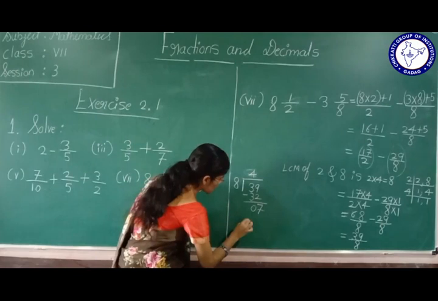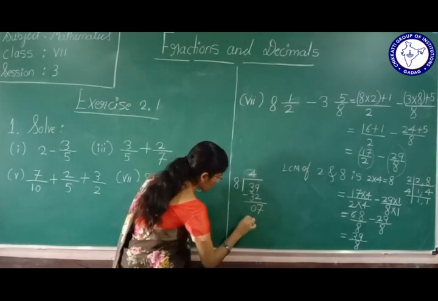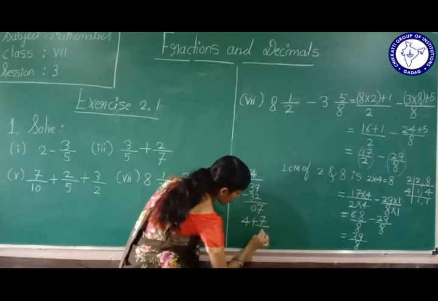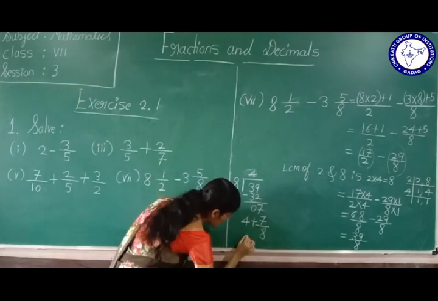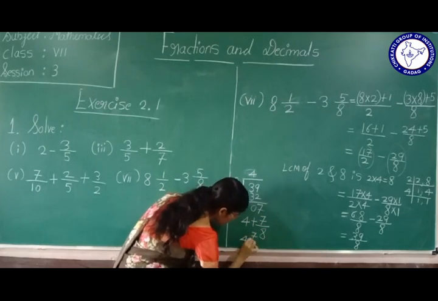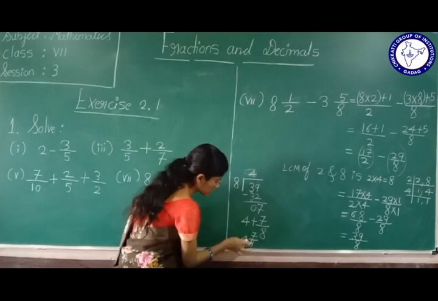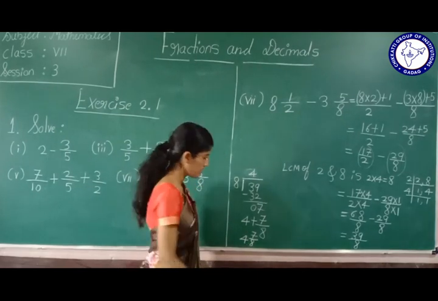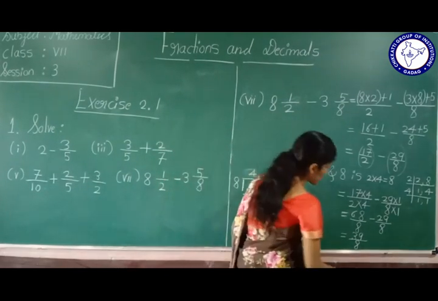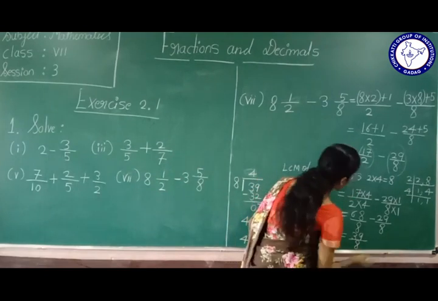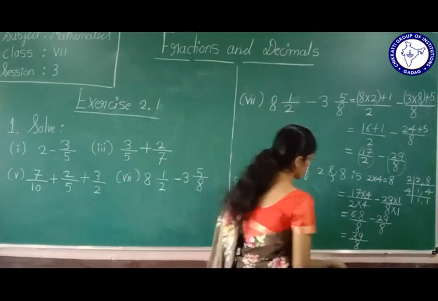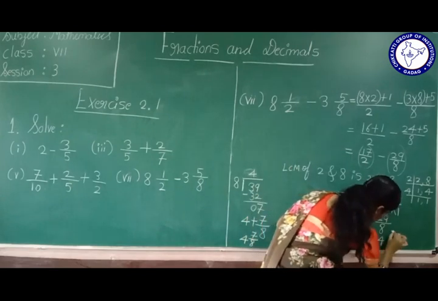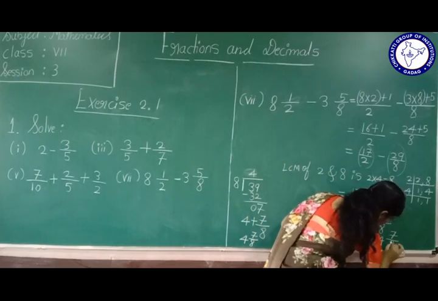The quotient is 4, plus remainder by denominator. So 8 4s are 32, 32 plus 7 is 39, 39 by 8. So this can be written as 4 integer 7 by 8.